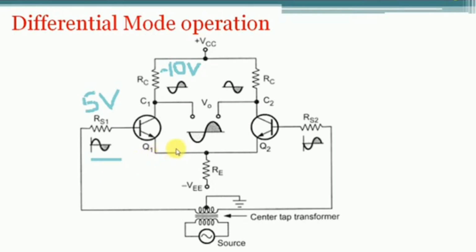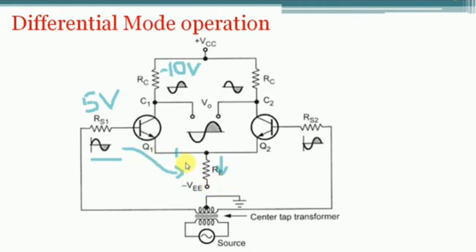Considering the signal response at the emitter terminal, due to the positive going signal at the base of transistor Q1, the current flowing through the resistor Re increases and a positive signal will be present at the emitter terminal because of the emitter follower action of transistor Q1.